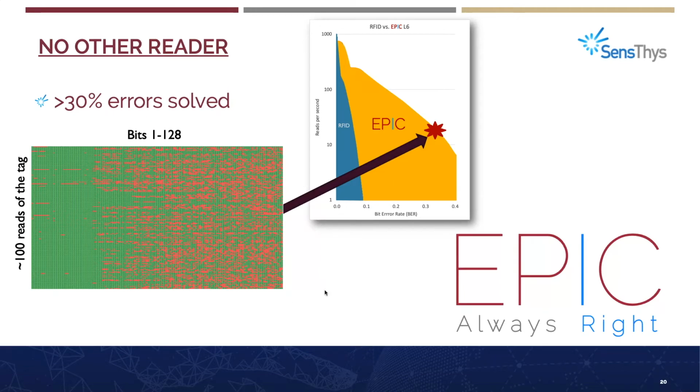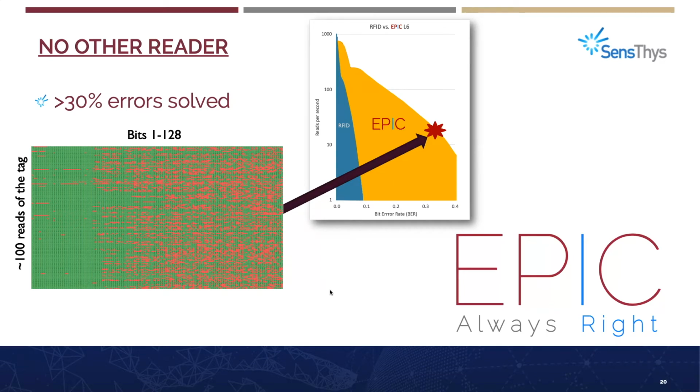If you picture this for just a conventional non-Epic system, if you had a single red dot per horizontal line, one single bit of error, that tag would fail. That tag would not be read.